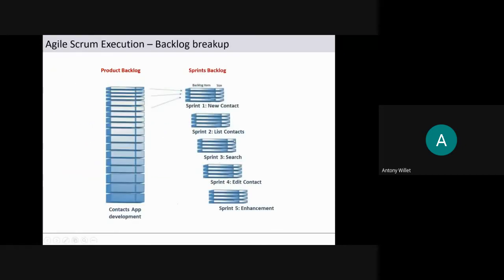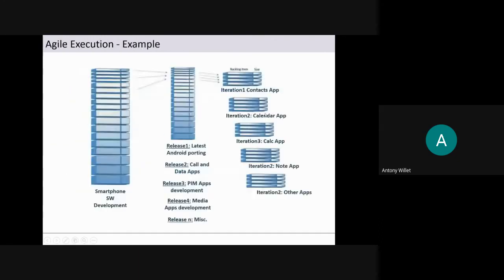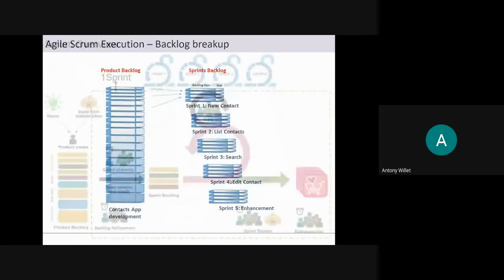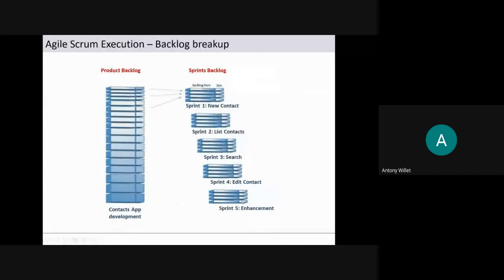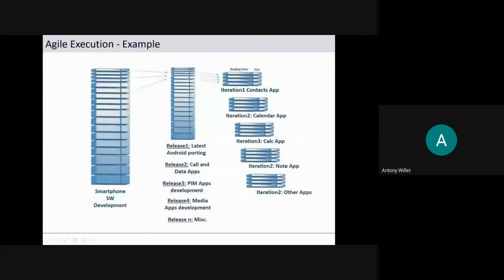So we saw the general representation of Agile, and this is how it is represented in Scrum. Product backlog is common to many Agile-based frameworks. In Scrum, we have the list of requirements as the product backlog, and then this may or may not be divided into releases.